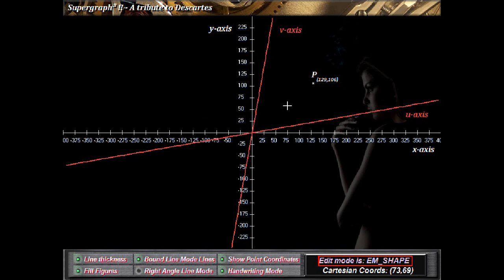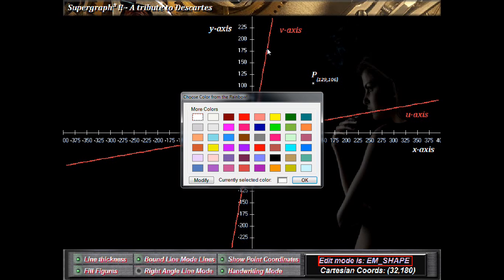Now, if I were to imagine u and v as another set of coordinate axes that somebody might be using for their measurements for whatever reason, it's a restriction, then the way one would do that, unambiguously and consistently, with the parallel postulate and everything, would be, in fact, why don't I make this a slightly different color?